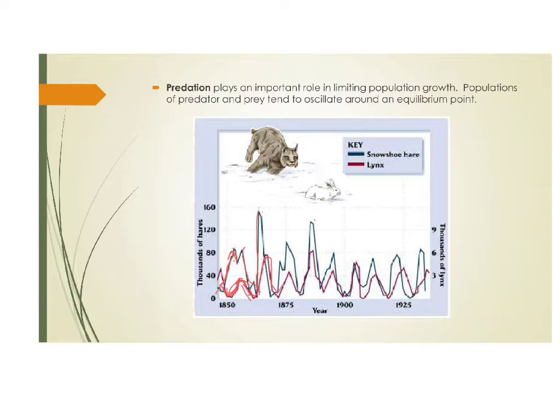There's always a lag time in the peak of the predator versus the peak of the prey. The population numbers of the prey are going to peak first because there's got to be prey for the predators to eat. And this is actually showing you that overshoot and die off kind of thing too. The lynx have a gestation period.